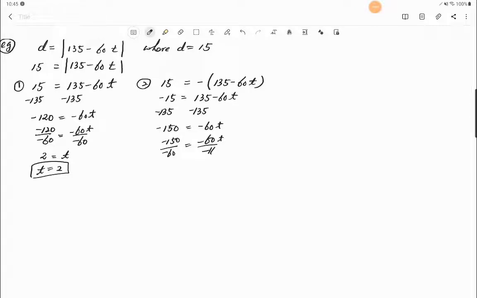Then the left-hand side is 5 over 2, isn't it? So the t value will be 5 over 2. So there are two solutions. One is t equals 2 and the other one is 5 over 2.